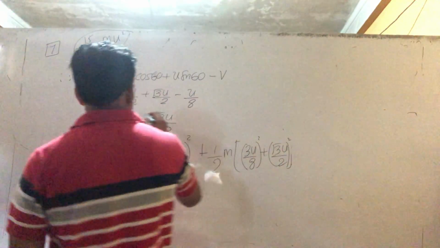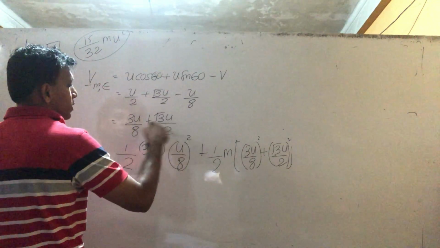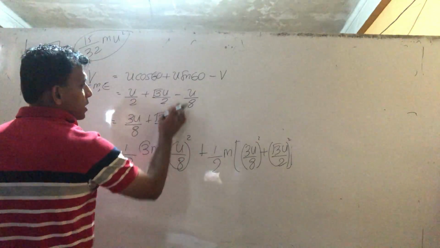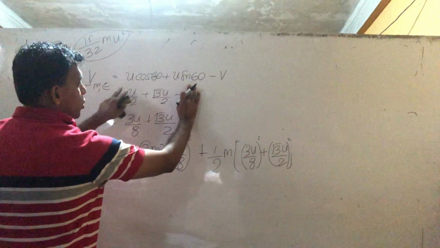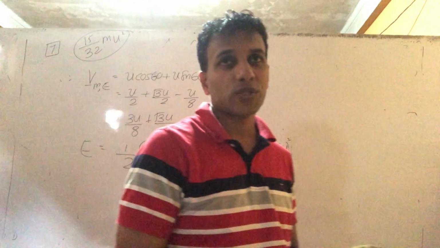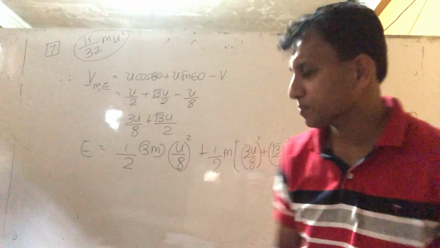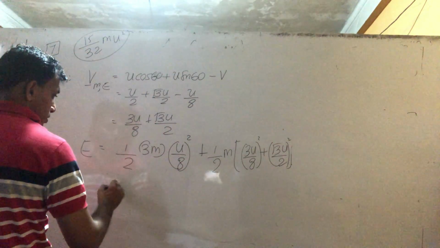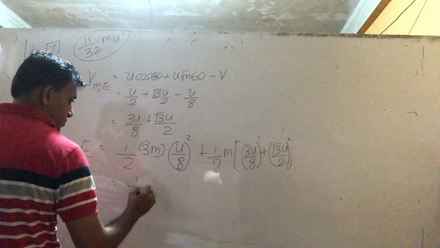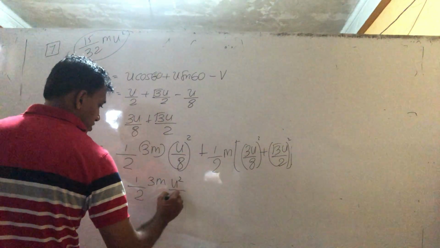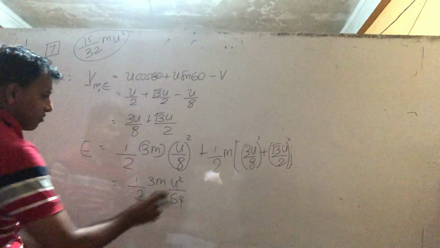See, this is one component and here is the other component. Combine them: one is horizontal, the other is vertical. So the horizontal square plus the vertical square. Simplify with an easy method. You have 3m u square over 64, and you take the half m out.